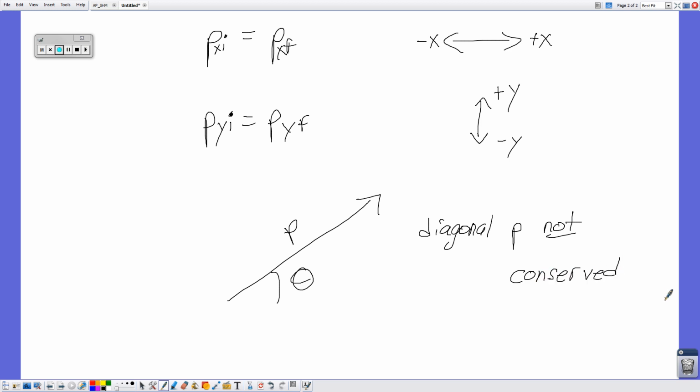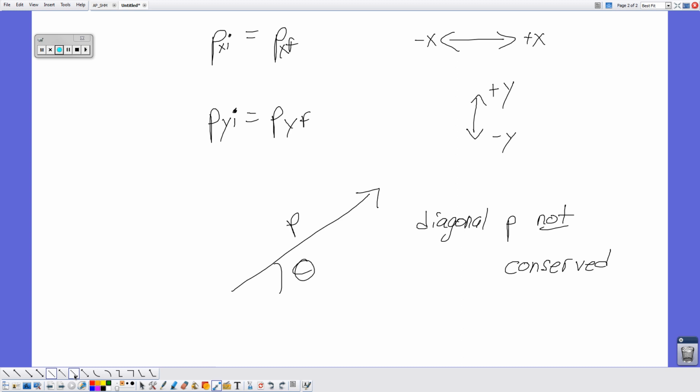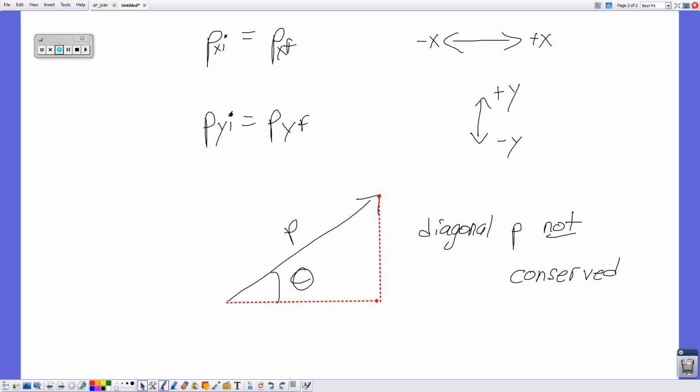The math just doesn't work. So we have to break this net momentum down into its x and y components, a y momentum and an x momentum.